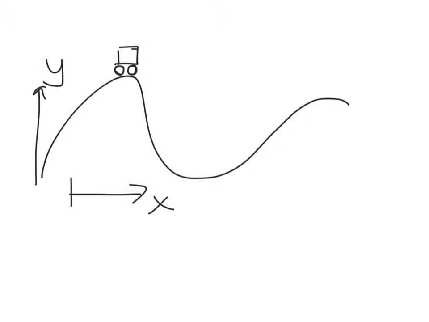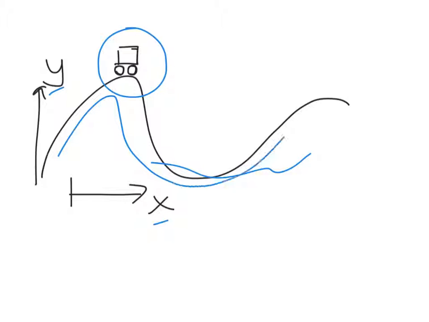So for example, if we imagine we had a roller coaster car sitting on a roller coaster, the position of that roller coaster car depends on x and y and also z, but because the roller coaster car is constrained to lie on the track somewhere, in reality we can describe its position by just giving one coordinate.